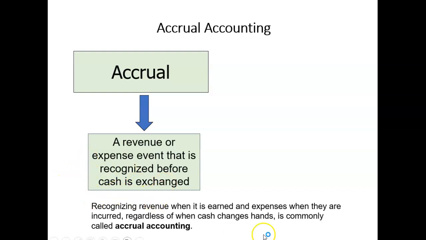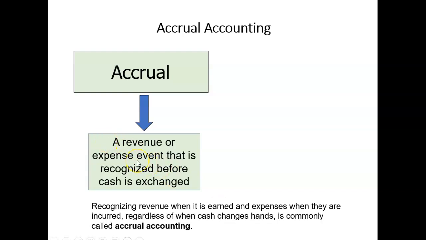You recognize revenue when it is earned, not based upon when cash is received. So if I provide a service today and you don't pay me until a month from now, under accrual accounting, I can still record that revenue as of today.